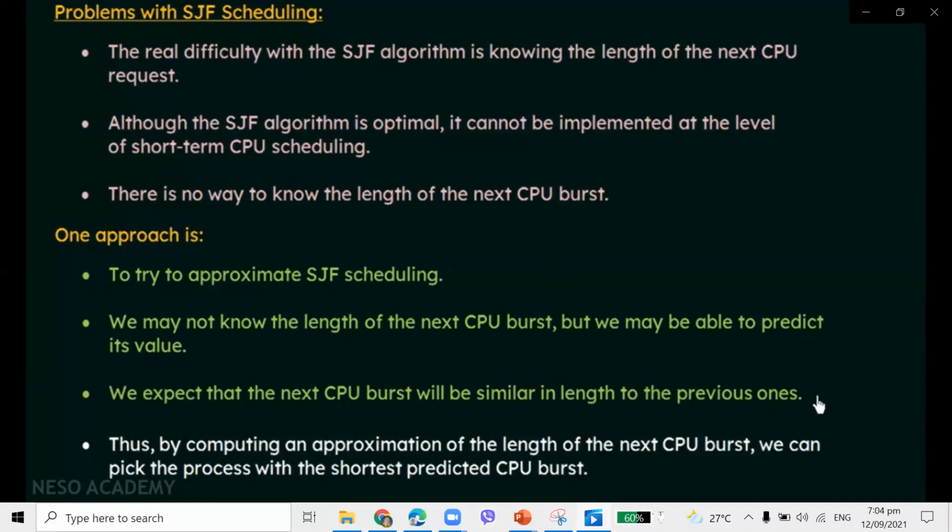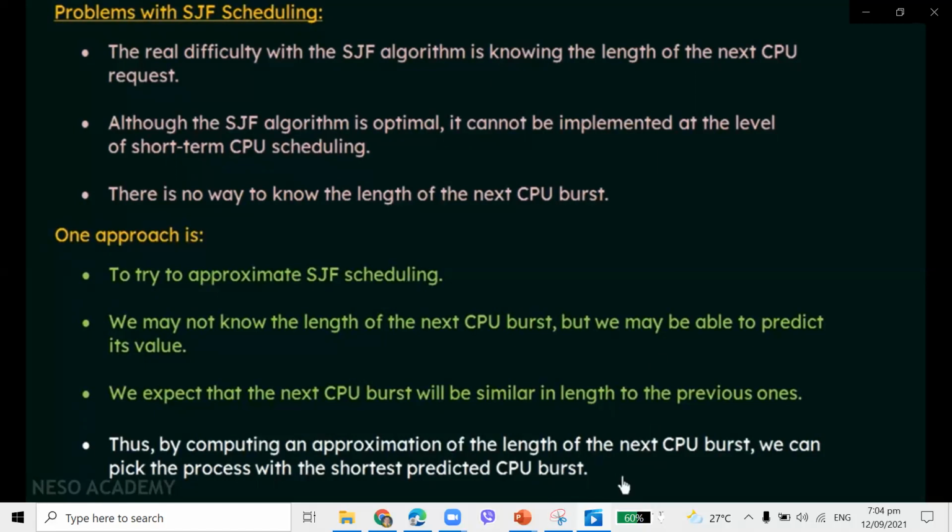So we can approximate the value in that way and use the SJF scheduling algorithm. By computing an approximation of the length of the next CPU burst, we can pick the process with the shortest predicted CPU burst, and hence we can apply the SJF scheduling algorithm. So that is how this problem with SJF is resolved.